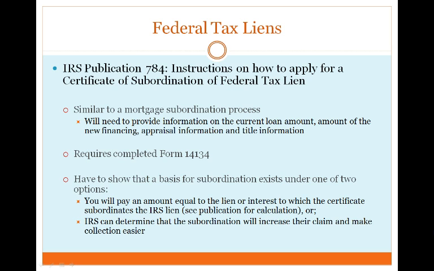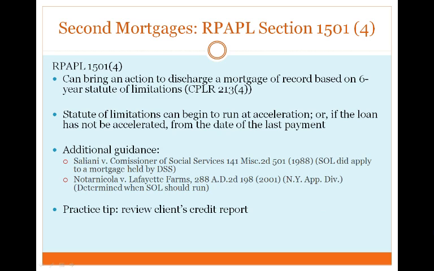But you'll want to make sure that you give all of the pertinent information in your complaint, stating that you are bringing it under this particular section of RPAPL, that your client is the owner in fee simple of the property. You're going to want to give them the exact date that the mortgage is recorded, and that the mortgage is adverse to the plaintiff's interest.